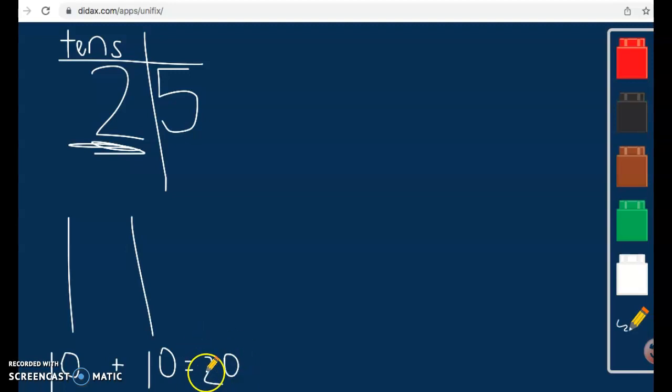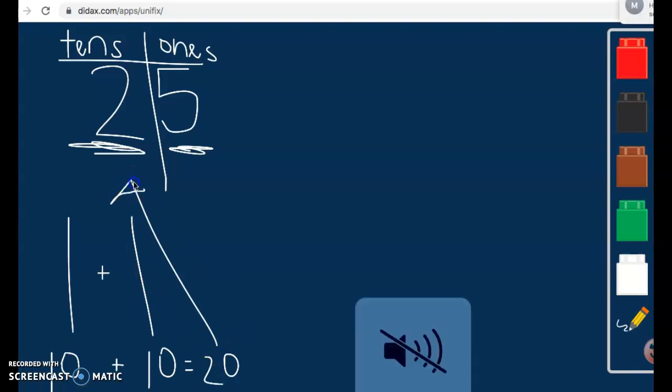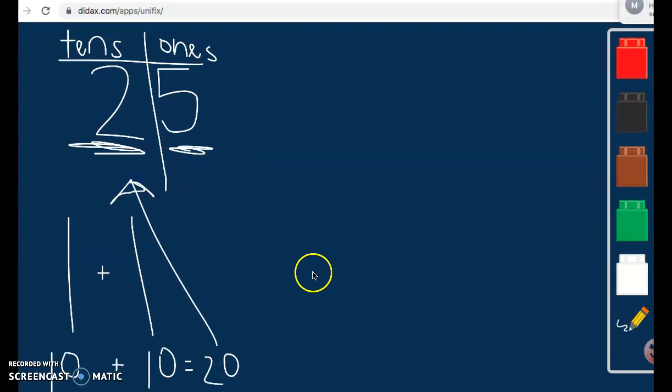But does this number down here match this number up here? I don't think so. I think we need to add 5 ones. Remember, this is the ones place. 10 plus 10 is 20, and that gives us 20 up here. Then we need 5 ones.